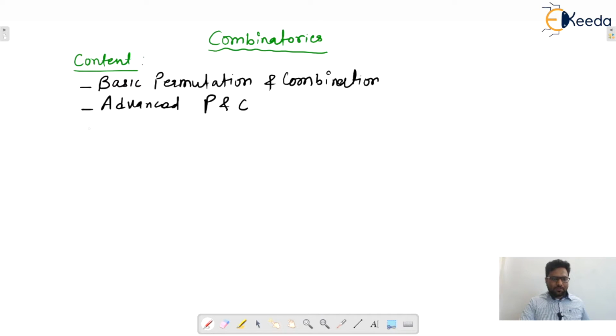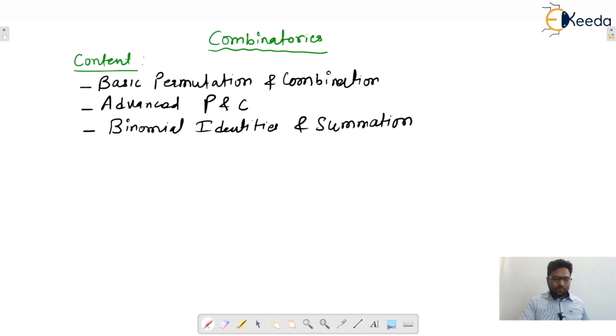After that we'll see some binomial identities and summation. Then we'll see generating function, that is very important, and its applications.